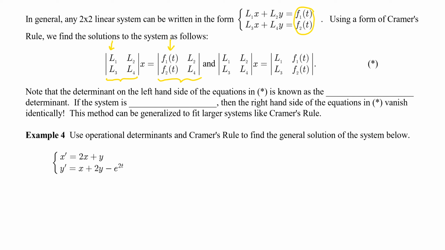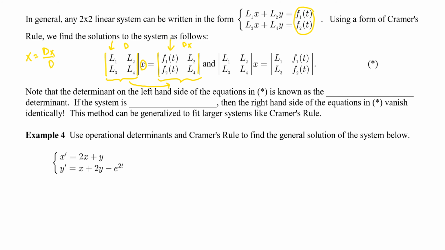The only difference between this and Cramer's rule is that normally we see Cramer's rule expressed as a quotient. So if we were to isolate x and divide both sides by this determinant, it would look more like Cramer's rule. Remember, we write it D sub x over D. So this part is like the D sub x from Cramer's rule, and this is like the D from Cramer's rule.